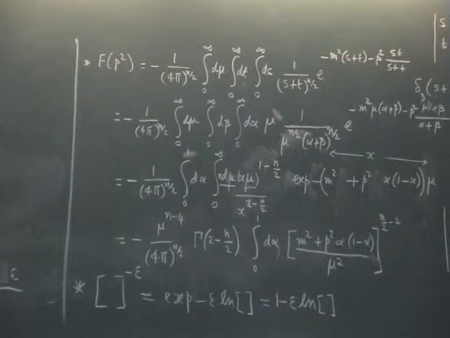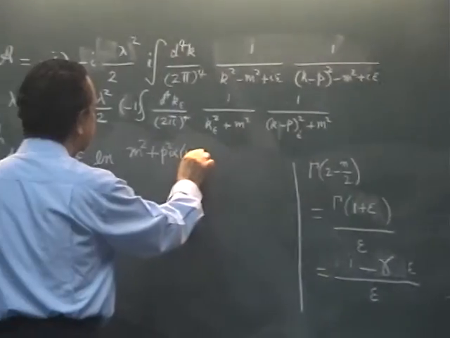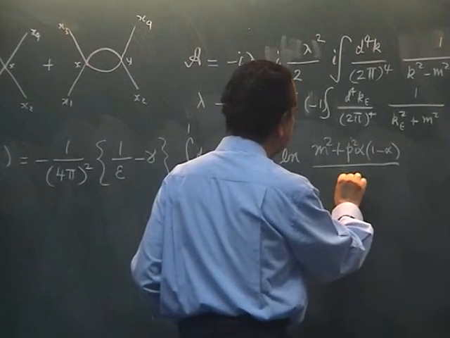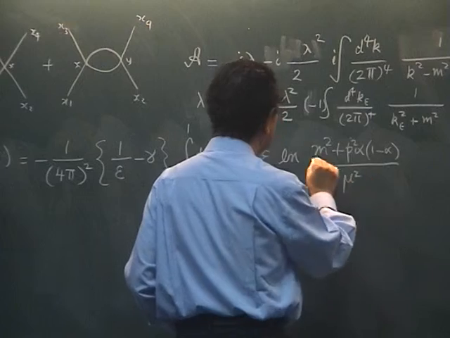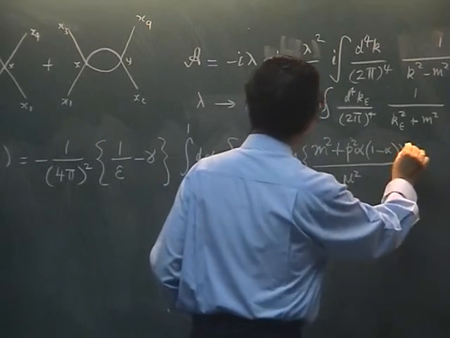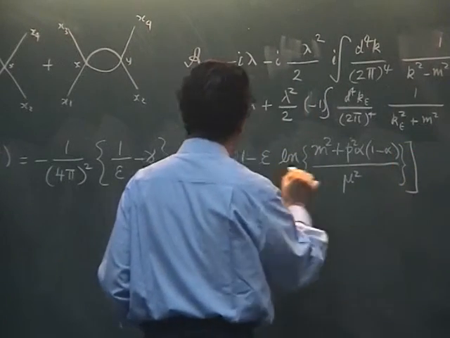So that integral is going to give you 1 minus epsilon log of m square plus p square alpha into 1 minus alpha upon mu square. That's it, to this order which we are interested in.